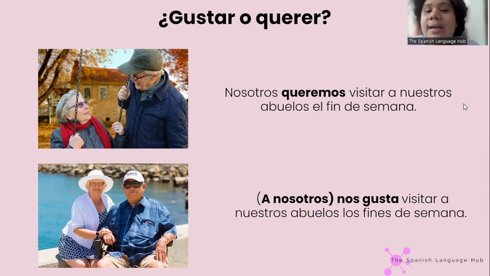Nosotros queremos visitar a nuestros abuelos el fin de semana. So, we want to visit our grandparents this weekend, el fin de semana, right? And here, I'm saying, a nosotros nos gusta visitar a nuestros abuelos los fines de semana. We like visiting our grandparents on weekends.